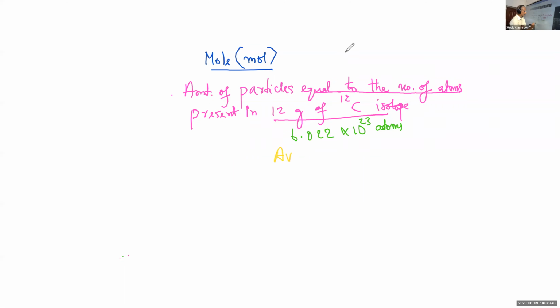Do you remember? Avogadro number. It is also known as Avogadro constant. And it is represented by Na.